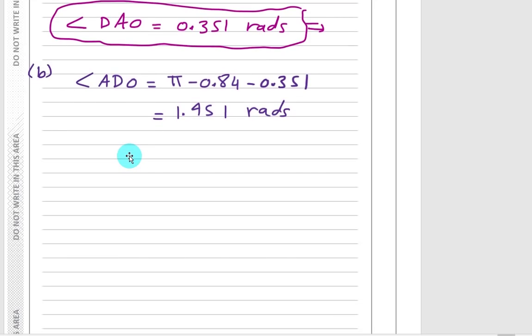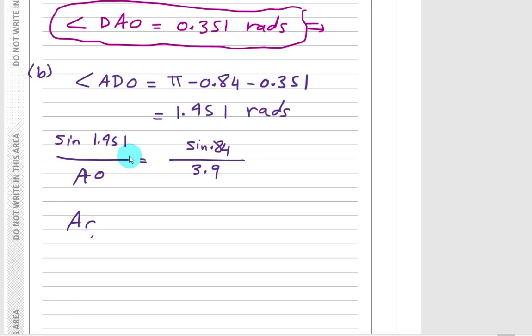So let us start. Sine 1.951 divided by AO is equal to sine 0.84 divided by 3.9.